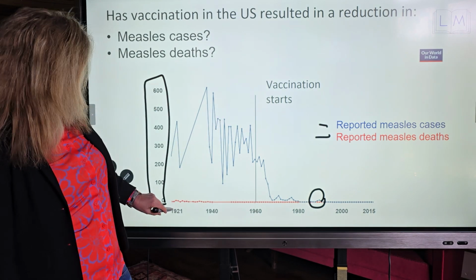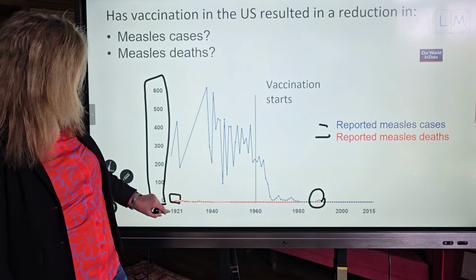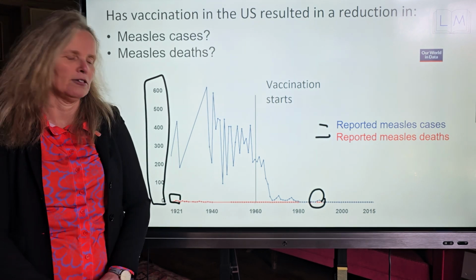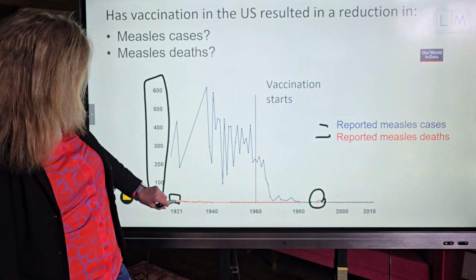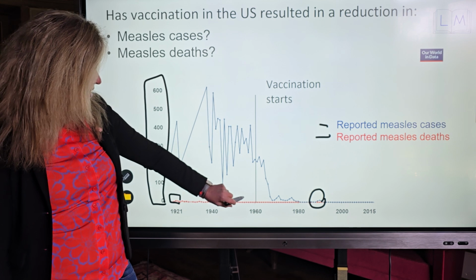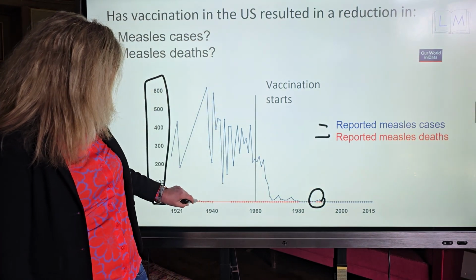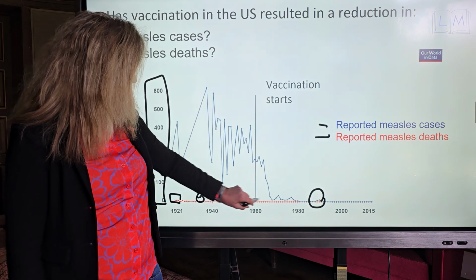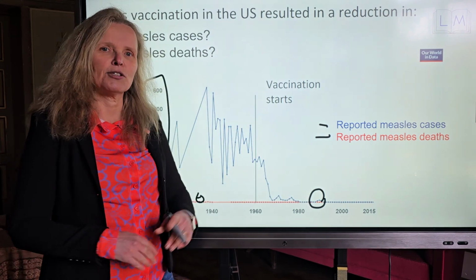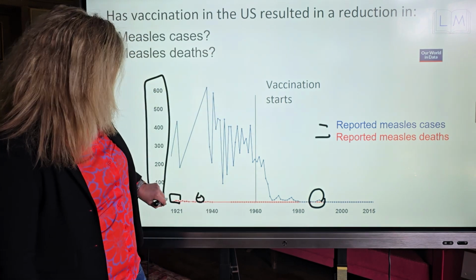But what about deaths? How many people actually died in 1921 of measles? This is per 100,000. Hardly anyone. Do you think anyone has died of measles in the US? Well, probably here, a couple. But for the rest, it looks like 0. So they added that 1 on that scale.